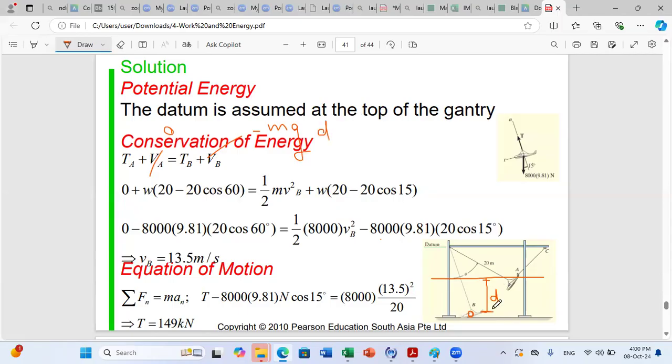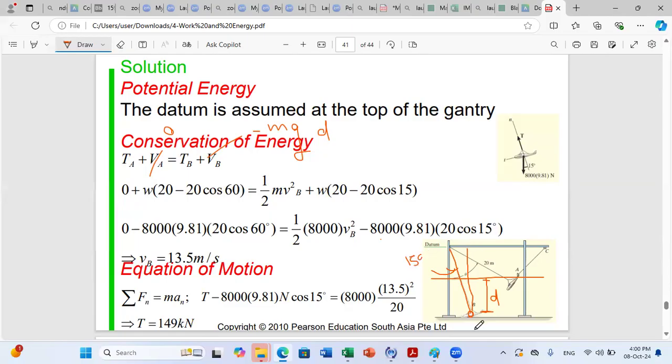d is actually the difference between this distance. What is this distance here? Look, at the final position, what is your angle? Your angle is 15 degrees. So what is the distance here?